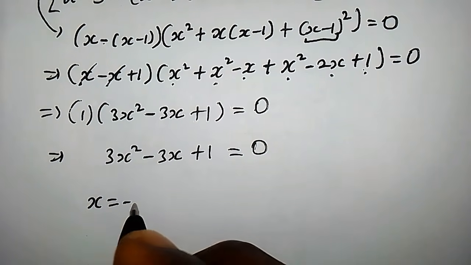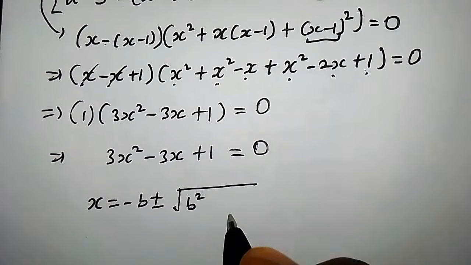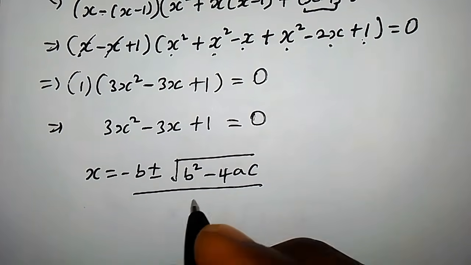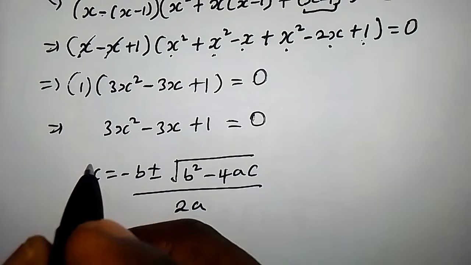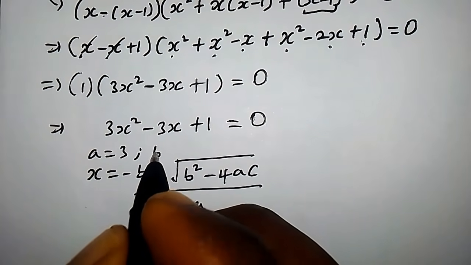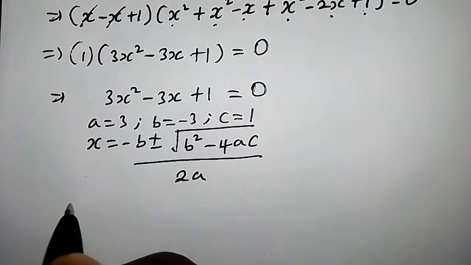x equal to minus b plus or minus square root of b square minus 4 times a times c, all divided by 2 times a. From this equation, a is equal to 3, b is minus 3, c is equal to 1.